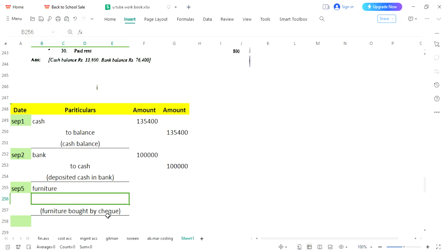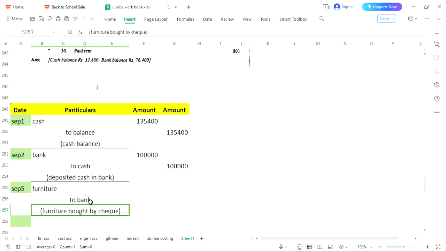The person to whom you have provided this check, he will go to your bank account, will present that check. Amount present in your bank account would be withdrawn. It means amount in bank would be decreased. Bank is your asset. Asset would be decreased. Decrease in asset should be credited. So you will write bank on credit side. Please understand, when you pay any amount through check, amount present in your bank would be decreased.